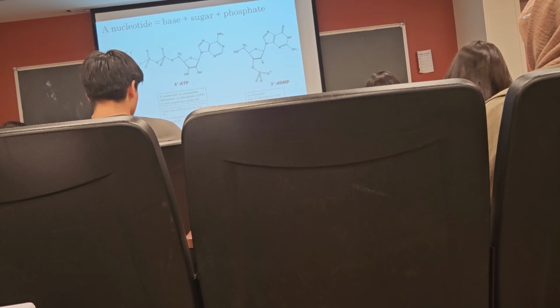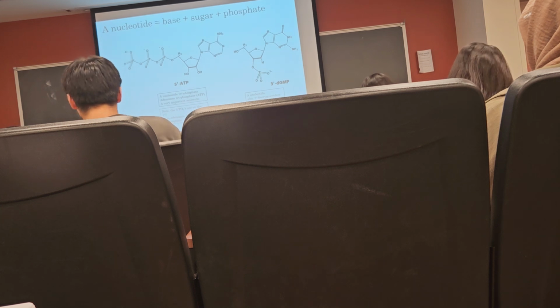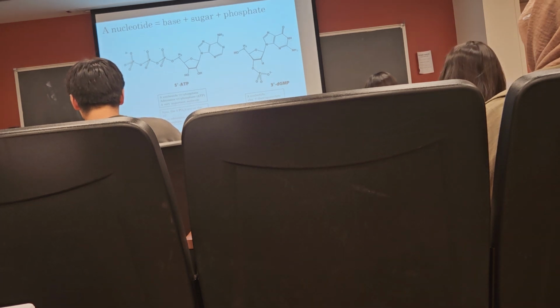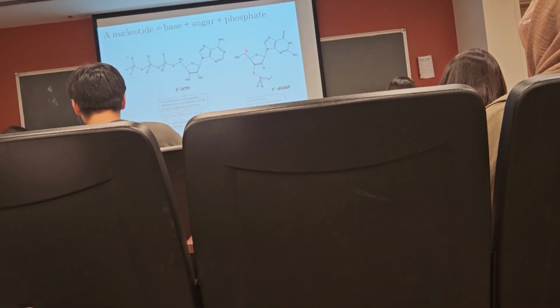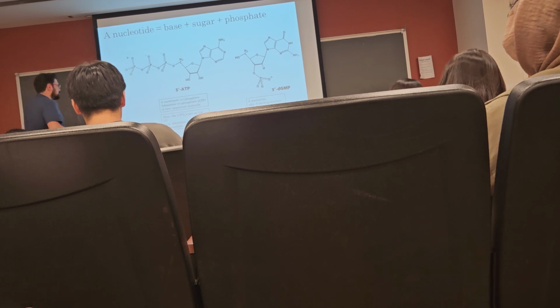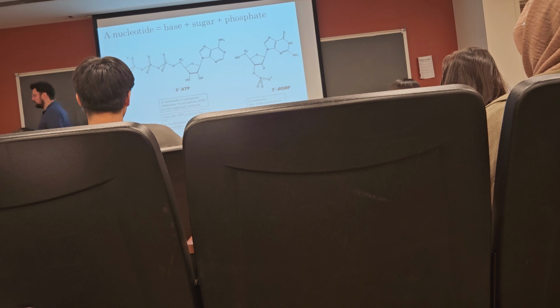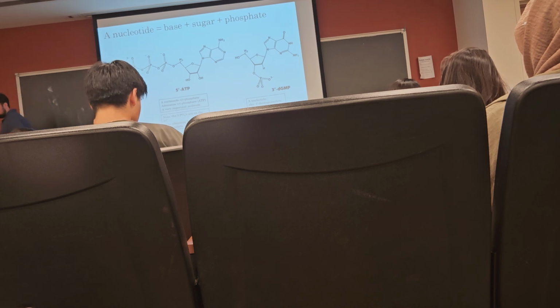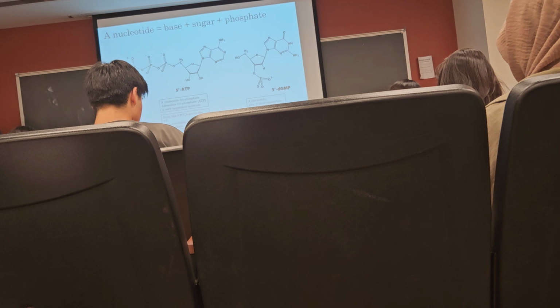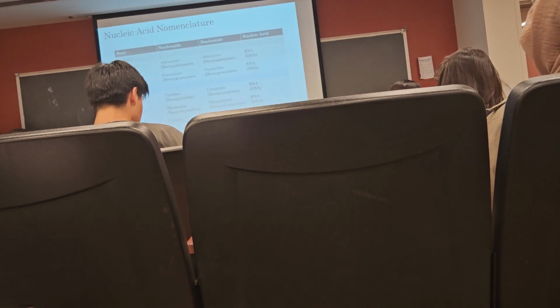But this has the same name as GTP, or 5' GTP, which would be guanosine triphosphate, with 3 phosphates on the 5' carbon. There's no way to distinguish them. So usually, the way that we name nucleotides is by using the nucleoside name, specifying how many phosphates there are and on which carbon they're attached. If it's not specified, 5' is assumed or implied.